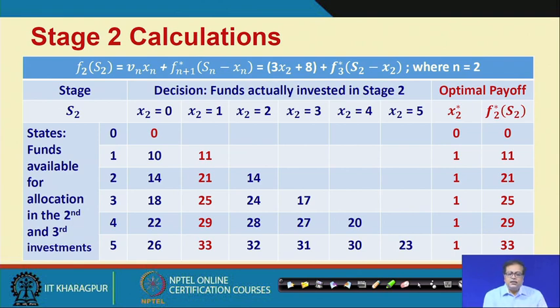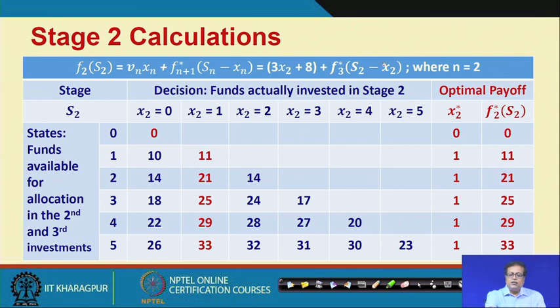At this stage, what we really find is this formula, V n x n is really 3 x 2 plus 8 plus f 3 star (S 2 minus x 2), which is the optimal from the previous stage, where n equal to 2. So, these are the stage 2 calculations. Now, you see, if you invest nothing, then whatever profits, because this portion will be 0, then only the optimal portion from the previous stage will be remaining.